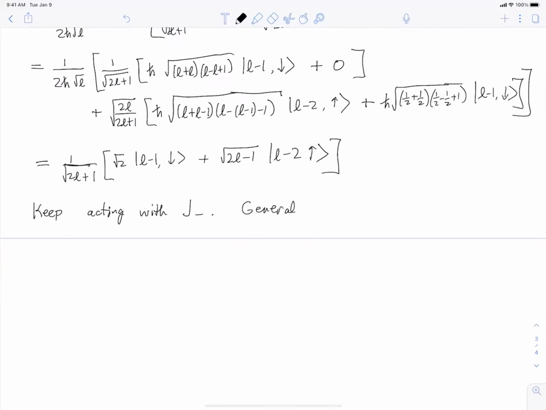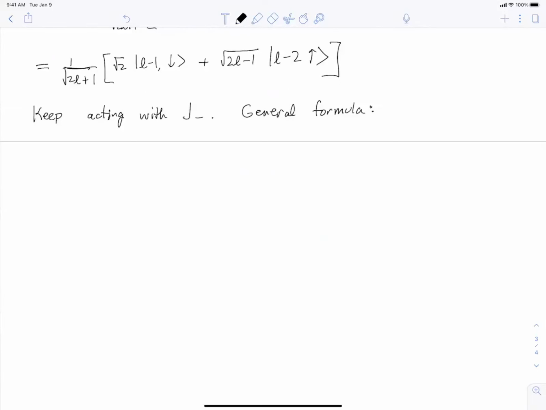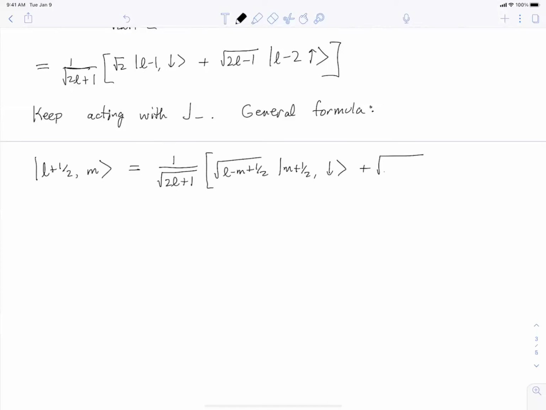And so the general formula, which you can prove mathematically using induction, is the following: if I take the state L plus 1/2 m in the total angular momentum basis, that's equal to 1 over the square root of 2L plus 1 times the quantity square root of L minus m plus 1/2, m plus 1/2 down arrow, plus square root of L plus m plus 1/2, m minus 1/2 up arrow.